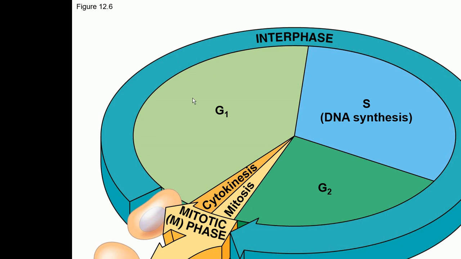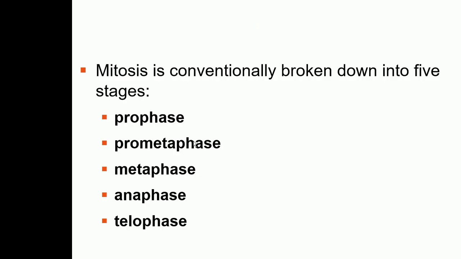And once all the preparation is done, the cell enters into mitosis, where the cell divides its nucleus, and then cytokinesis, in which the cell divides its cytoplasm. This is called mitotic phase. Now the mitosis, which is the division of the nucleus, has 5 stages: prophase, prometaphase, metaphase, anaphase, and telophase.